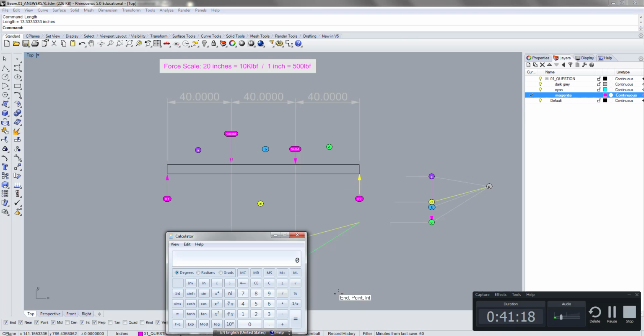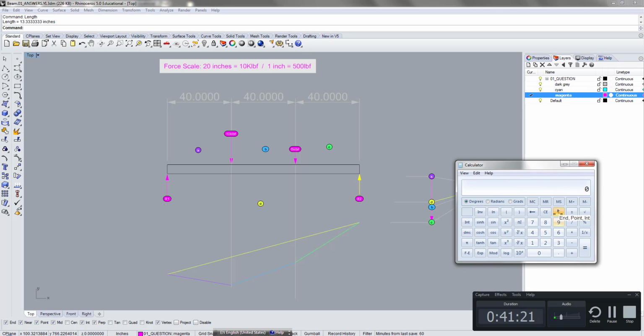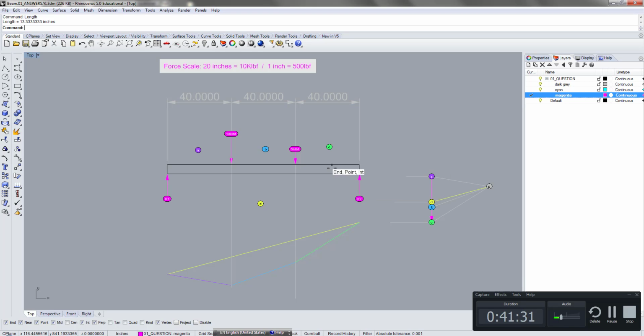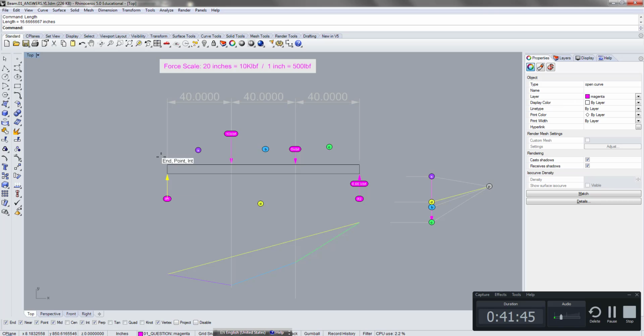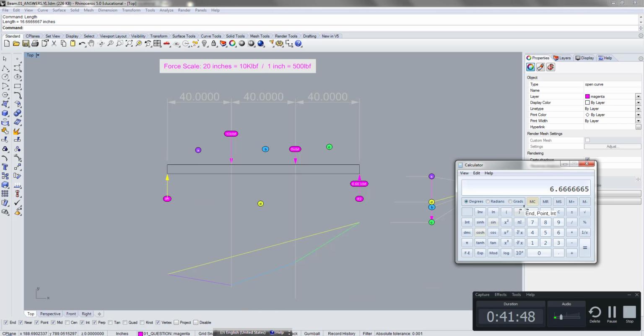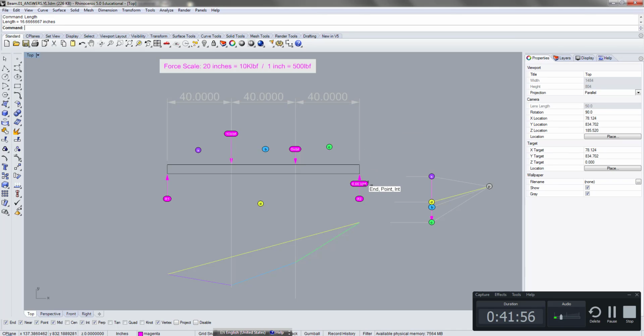I'm going to cheat a little bit, so it's basically 0.5 K for 1 inch, and it was 13.3333, so it's basically 6.66 K. And then the other one is 16.66 inches times 0.5, it's 8.33.